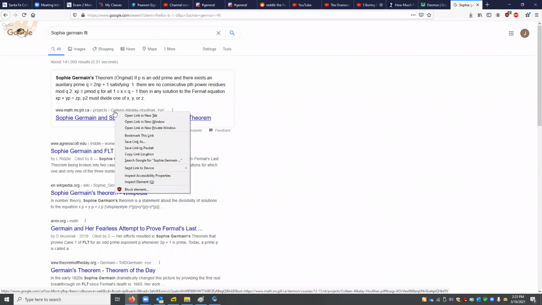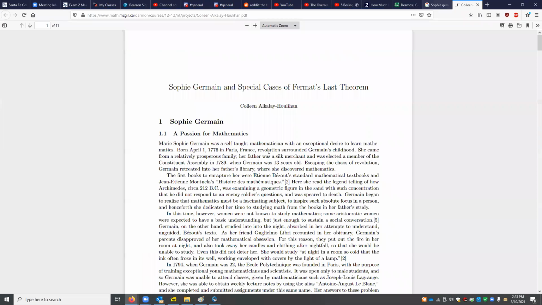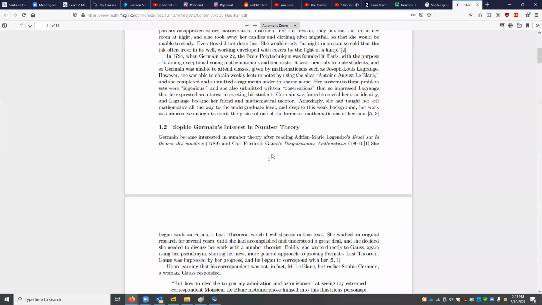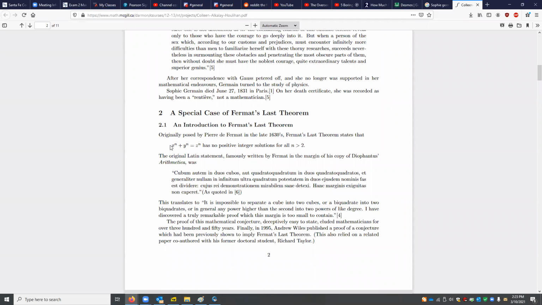So one of her biggest contributions was proving a special case of this very famous theorem called Fermat's last theorem. Fermat's last theorem says if you take this equation, x to the n plus y to the n equals z to the n, that this doesn't have any integer solutions, no whole number solutions, if n is bigger than 2.